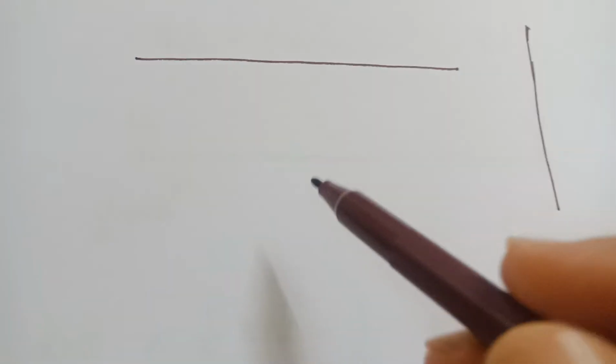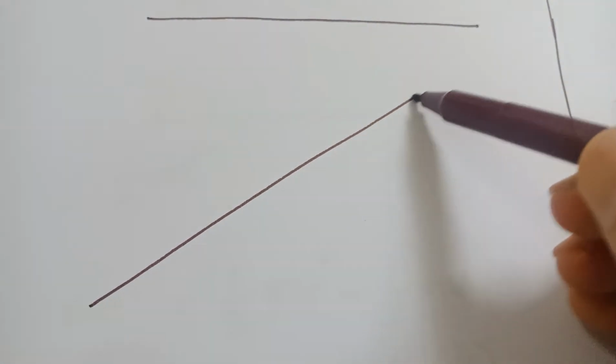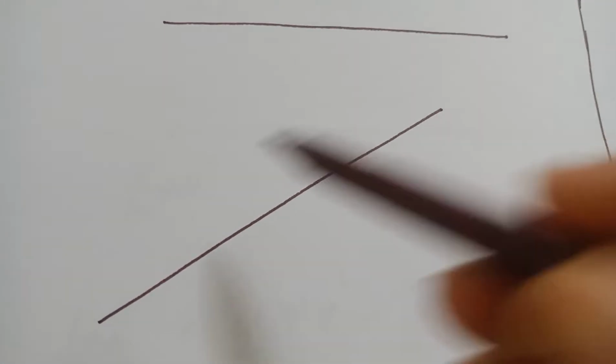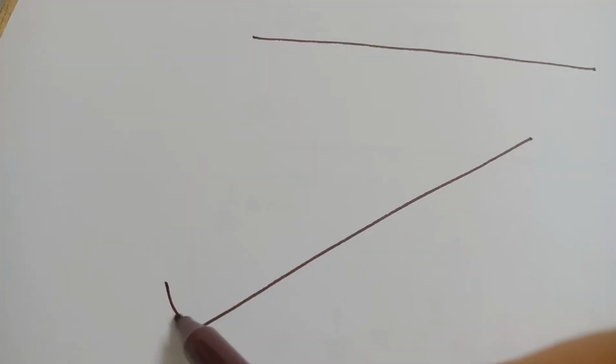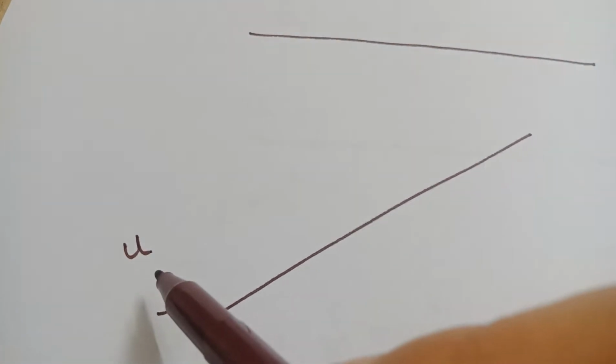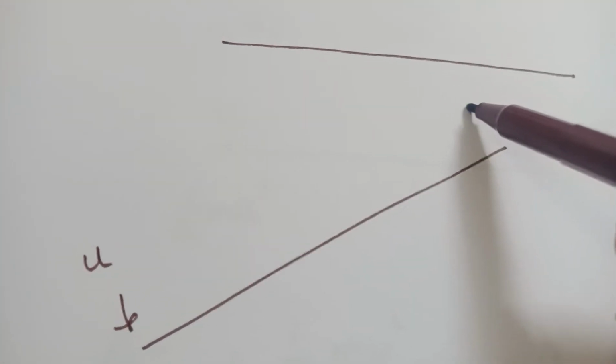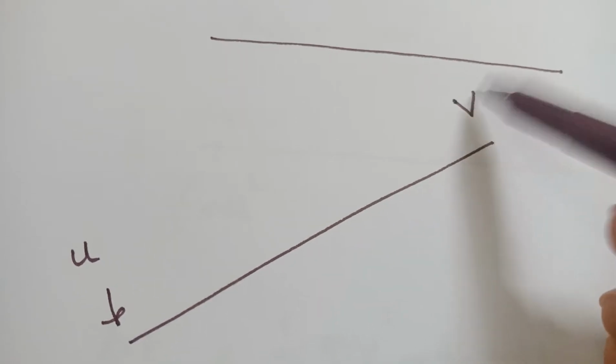Now, what if we have an object moving on an inclined plane like this? You see that, for example, here it has an initial speed u, and here it has a final speed v.